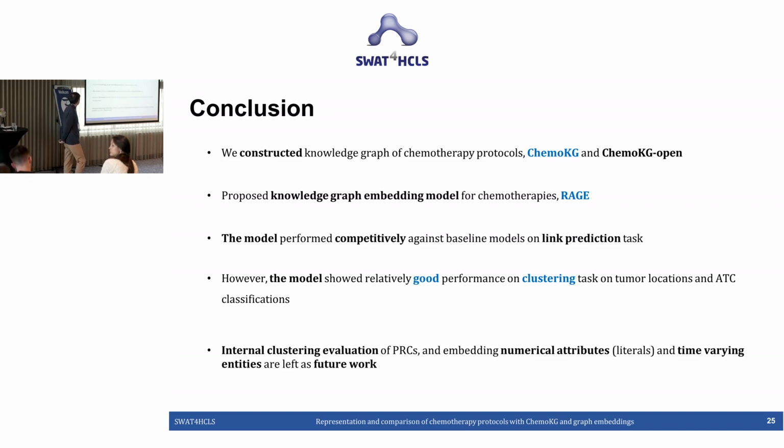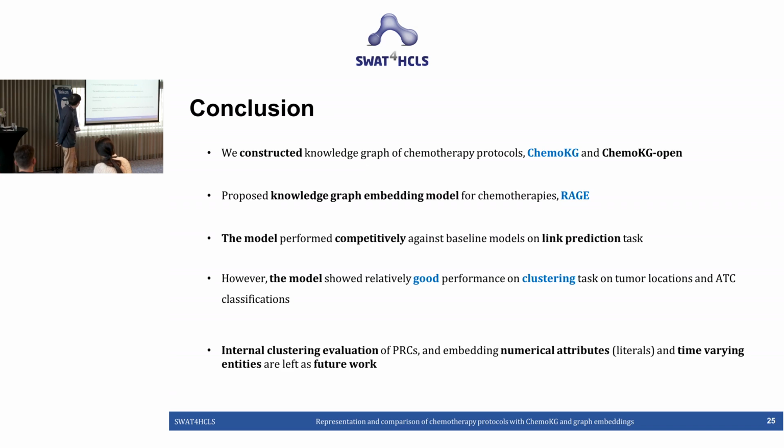And then we proposed the knowledge graph embedding model, which is called RAGE, and it performed quite competitively on link prediction tasks. And it actually performed very well on the clustering with respect to protocols and with reference to ATC classifications.